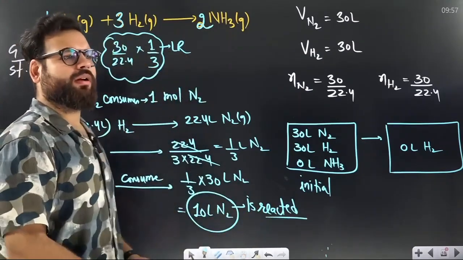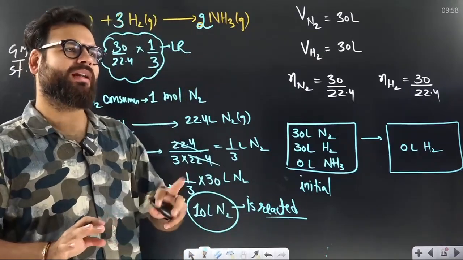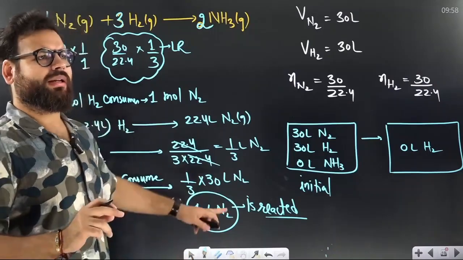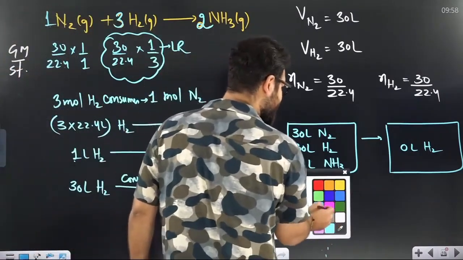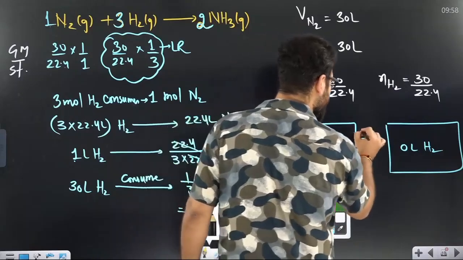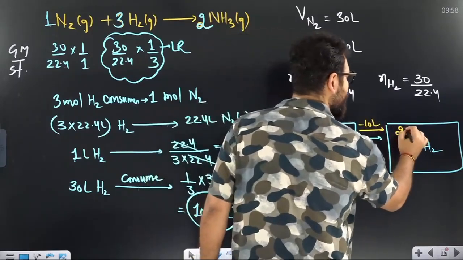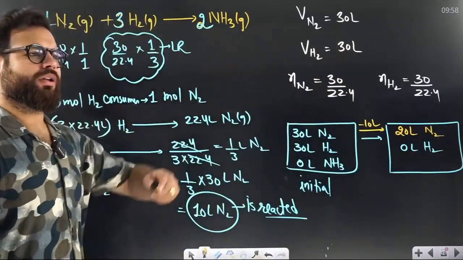Is it clear to everyone? Out of 30 liter nitrogen, 10 liter is gone. So 20 liter nitrogen is remaining.